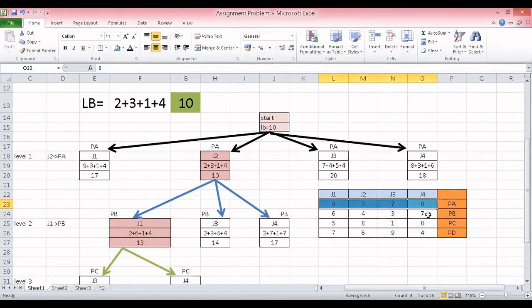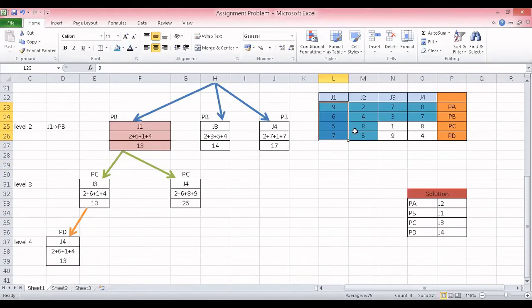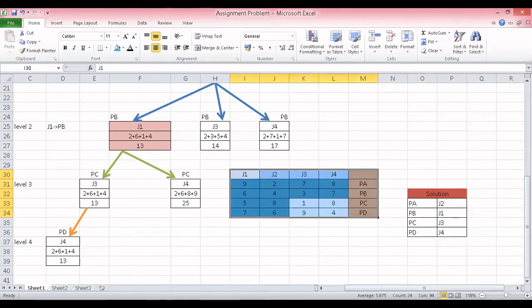Person B is over. Highlight with a purple color. Job 2 is assigned. Highlight with a purple color. Job 1 is also finished assigning, so highlight with a purple color. So we are left with only so many values.